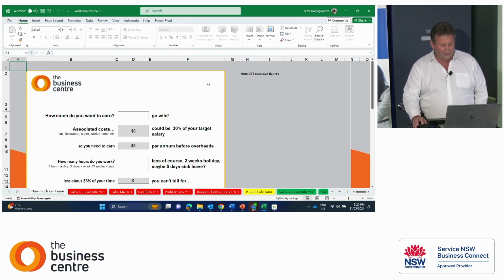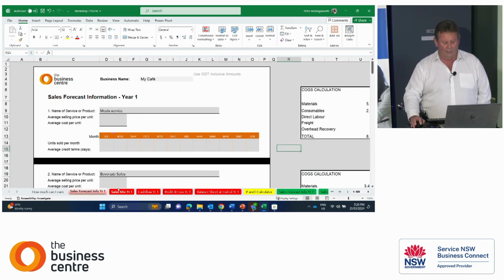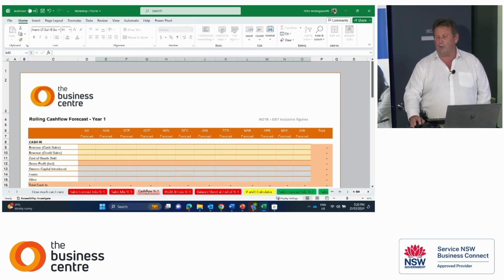To show you the spreadsheet tool, there's a series of linked spreadsheets that are on the screen now, and you can access each by clicking the tabs along the bottom. As we'll see a little bit later on, all the content in one sheet will transpose over in various forms to other sheets in the series, so that at the end of the day, we can click on a profit and loss projection that's based on sales information and then developed from a cash flow forecast.